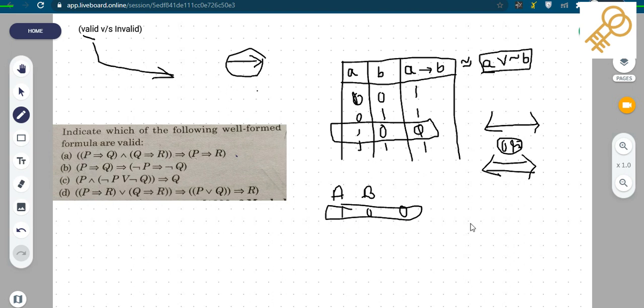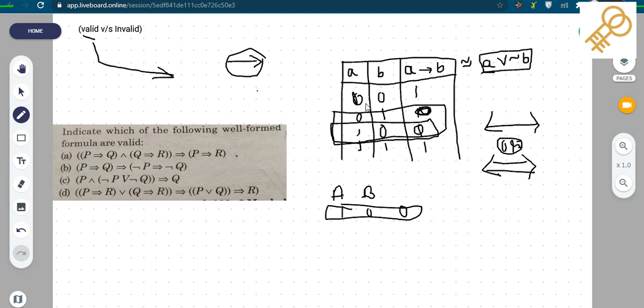Now let us see the double implication. In double implication you will get a 0 here, and here also you will get 0. So for the double implication, in those two cases you will get a false value whenever both values are different, right?